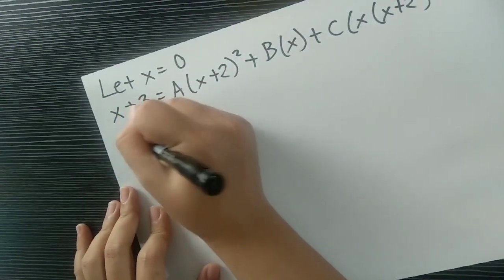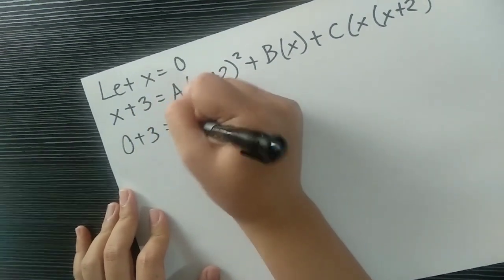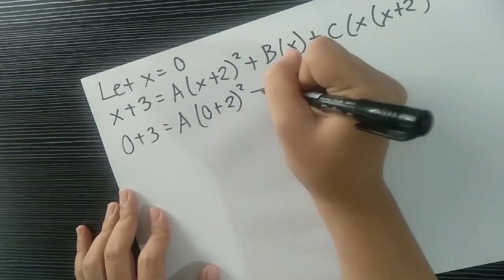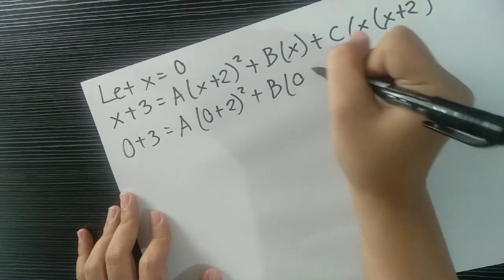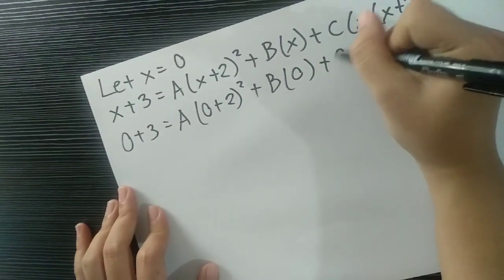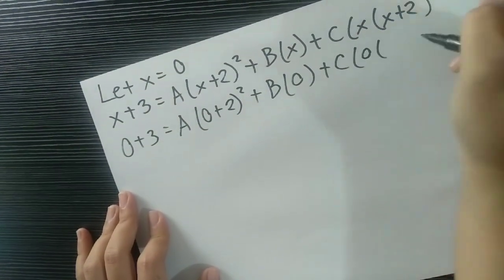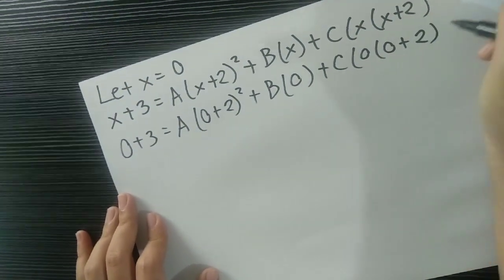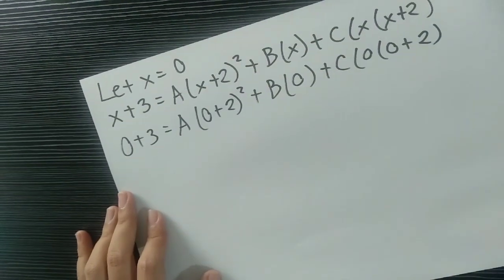Substitute: 0 + 3 equals A times (0 + 2) squared plus B times 0 plus C times 0 times (0 + 2).